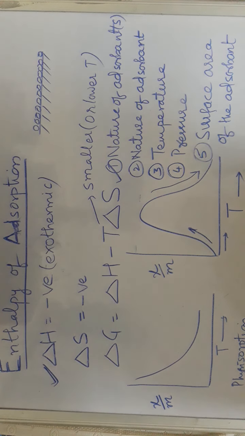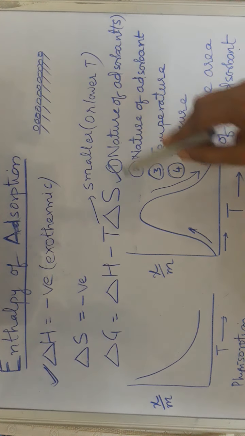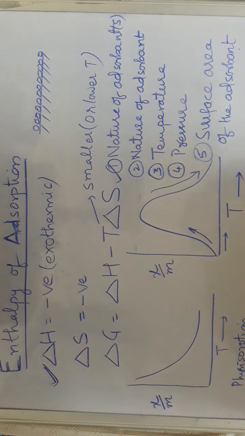Those solids which have larger surface area. The last factor, surface area of the adsorbent, is included in this factor only, the nature of the adsorbent. So those adsorbents which have larger surface area have more extent of adsorption.